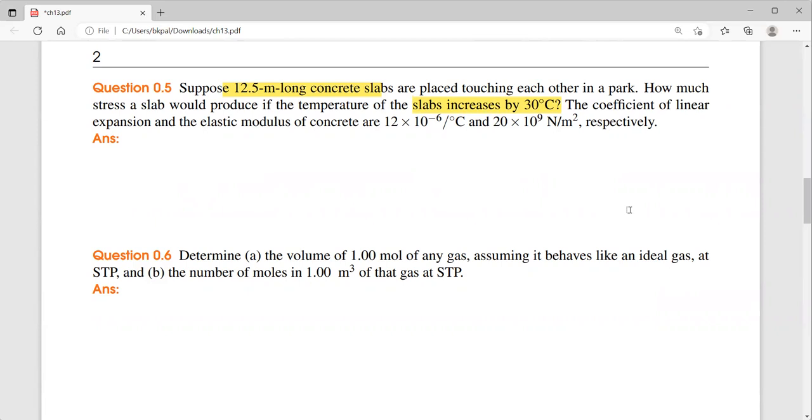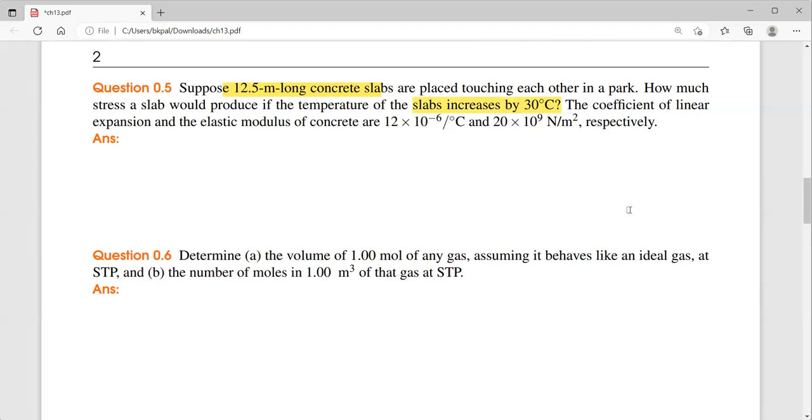There is some initial and final temperature, but we don't know what the initial and final are, but it tells us that the change in temperature, delta T, is 30 degrees Celsius.